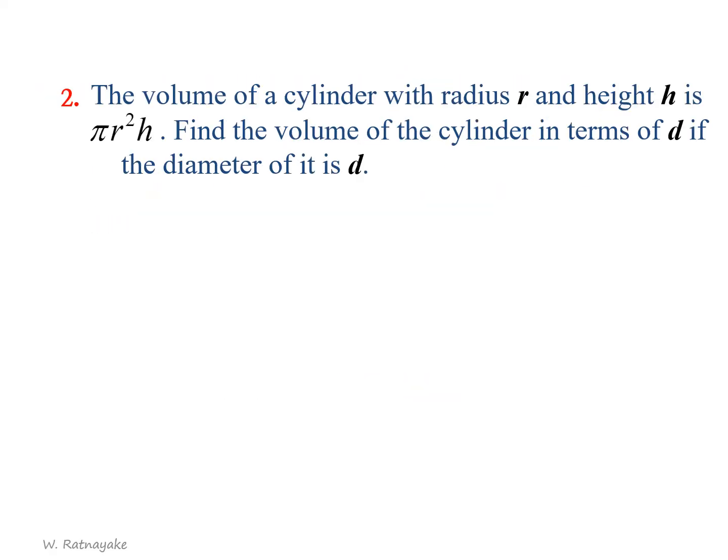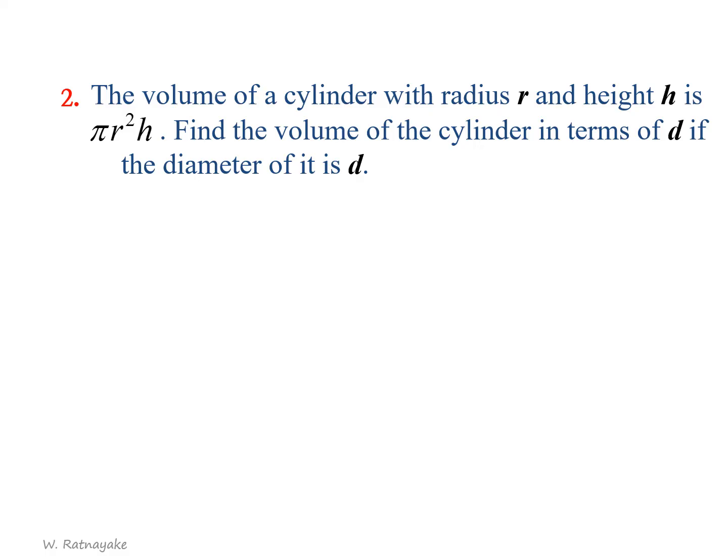Question number two is: the volume of a cylinder with radius r and height h is pi r squared h. Find the volume of the cylinder in terms of d if the diameter of it is d.